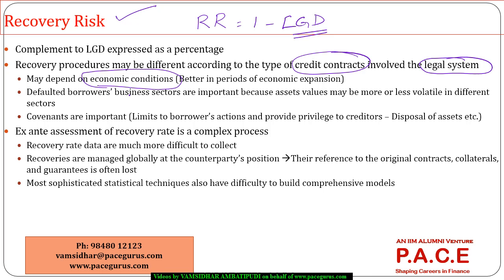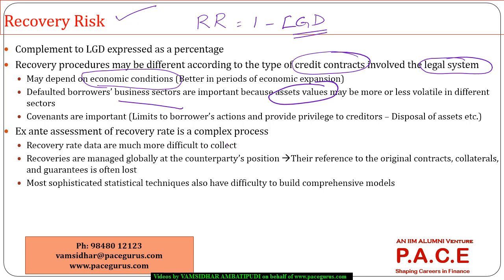So even the recovery procedures could differ based on the economic conditions, and even the business sectors play an important role. In some sectors, the recoveries are much higher, whereas in some sectors the recoveries are much lower, especially associated with the volatility of the asset values in different sectors.